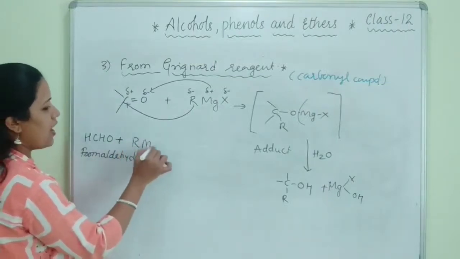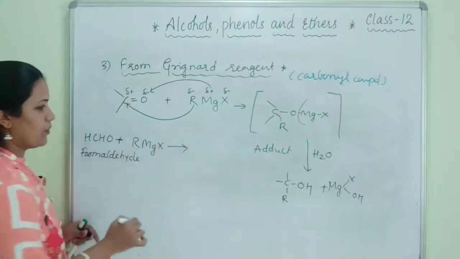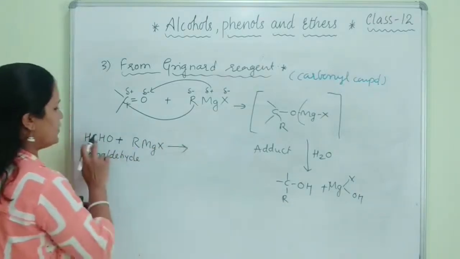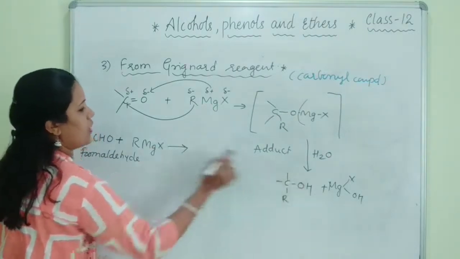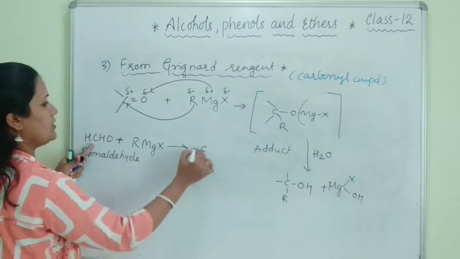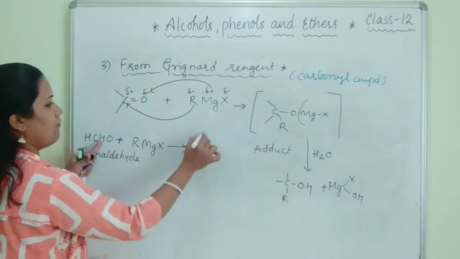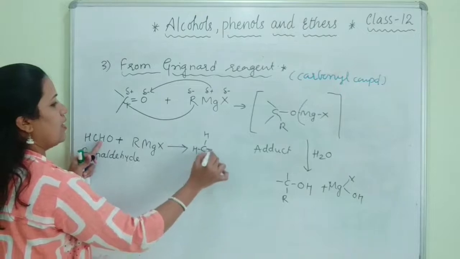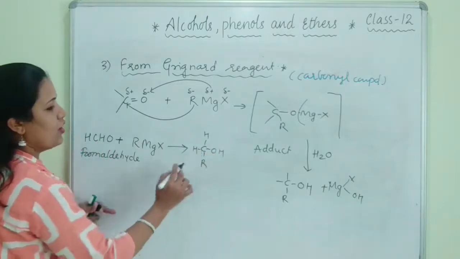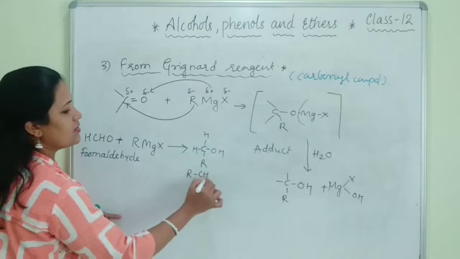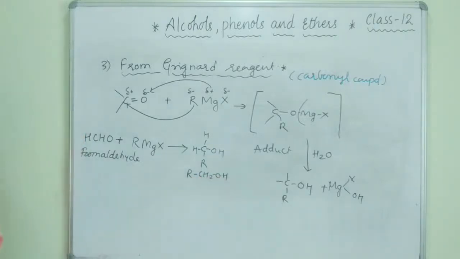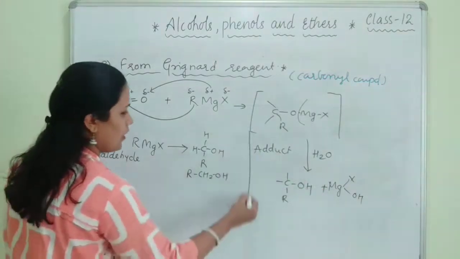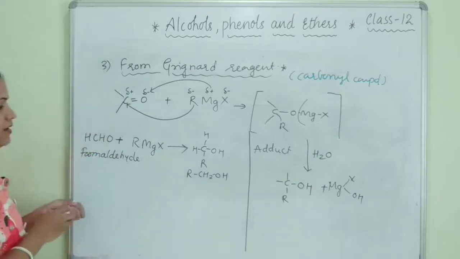Formaldehyde reacts with RMgX to form, in place of the carbonyl oxygen, we write H. One H is already there, then R, and it becomes OH. So I got the answer as RCH2OH. Okay, got it? So in this way we can write its product. This is for formaldehyde.